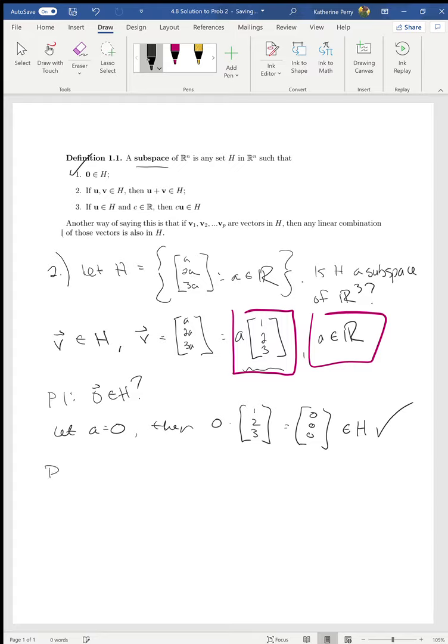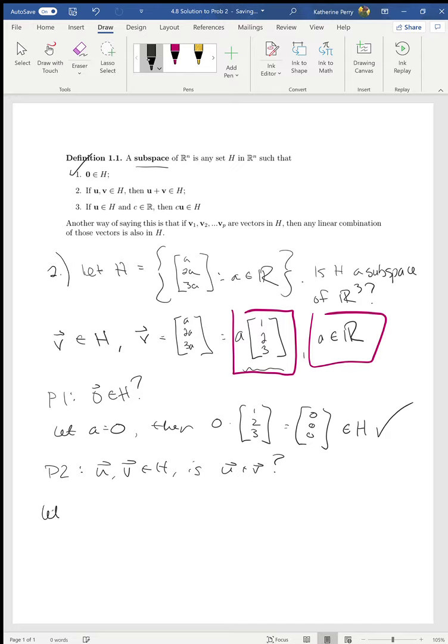Property 2 says that if I have U and V in H, then U plus V is in H. For this, let me again use my definition.